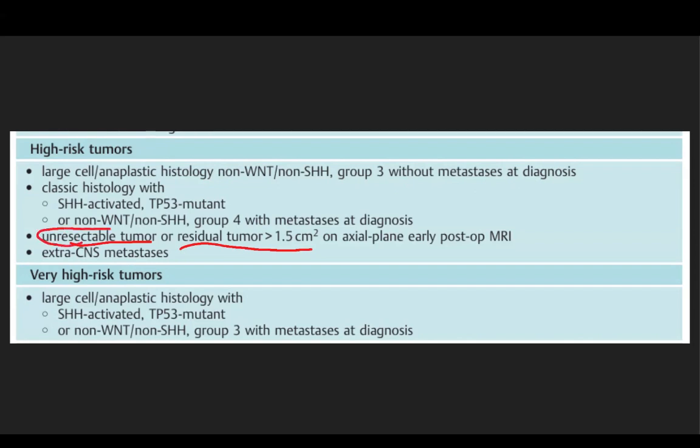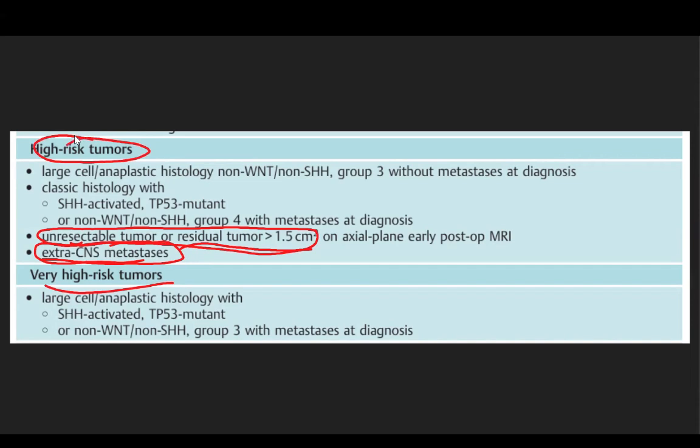So this, apart from the first chart, also makes them a high-risk tumor, and extra CNS metastasis also makes them a high-risk tumor. Notice how just the presence of extra CNS mets is not upgrading it to the very high-risk group. It's upgrading it only to the high-risk tumors.